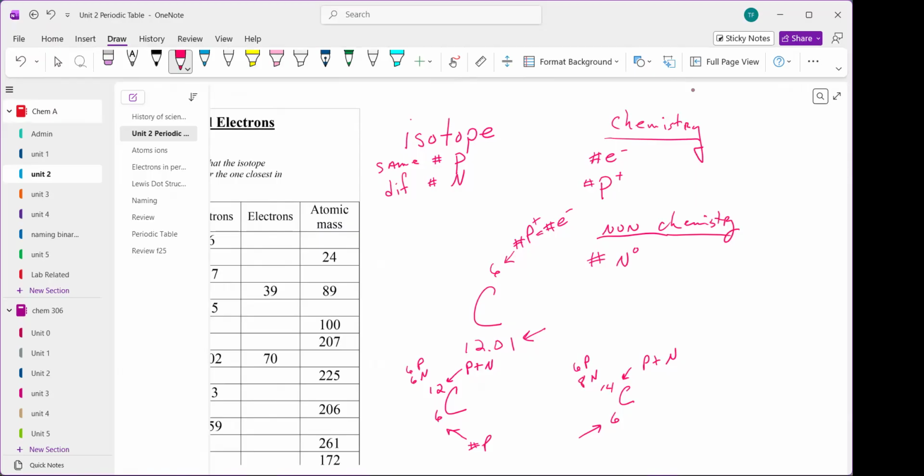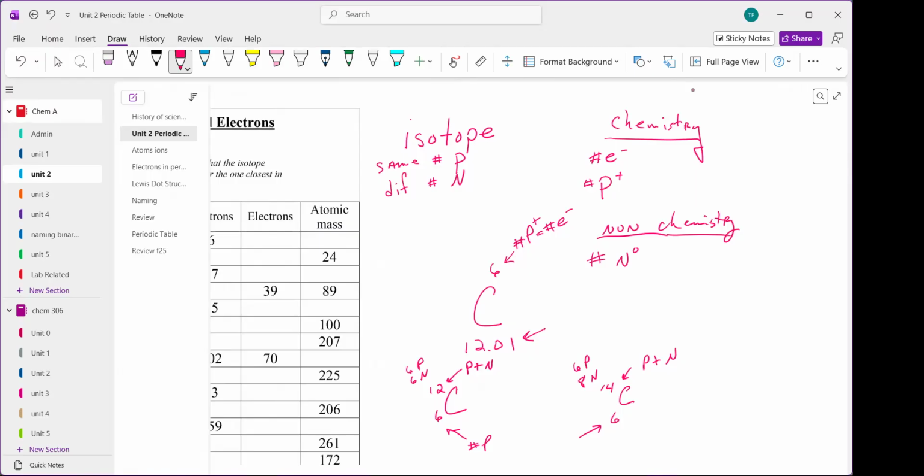Notice it's 12.01. It's a decimal. Can you have part of a neutron? Nope. So why is it a decimal? Let me give you this simple analogy.